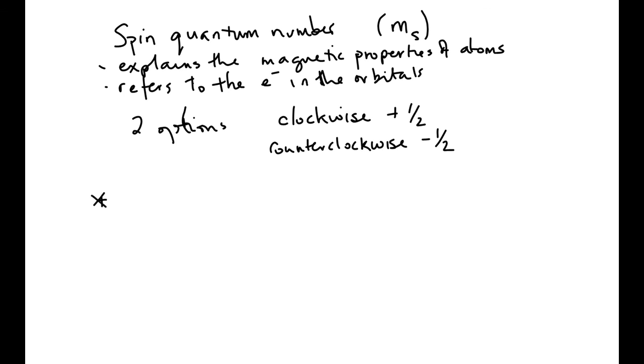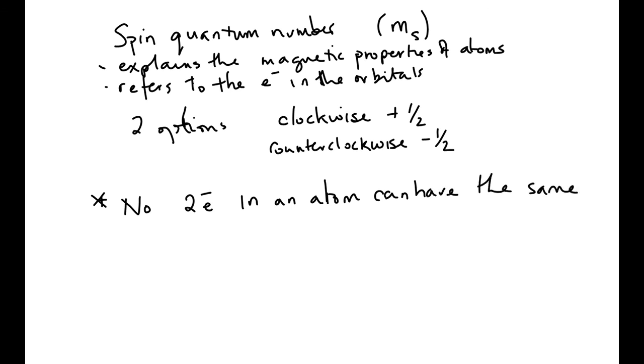Very important rule here is that no two electrons in an atom can have the same 4 quantum numbers. So no two electrons can have the same 4 quantum numbers in one atom. An orbital can hold 2 electrons.